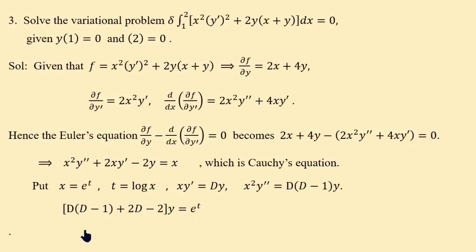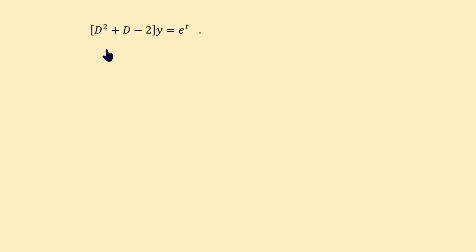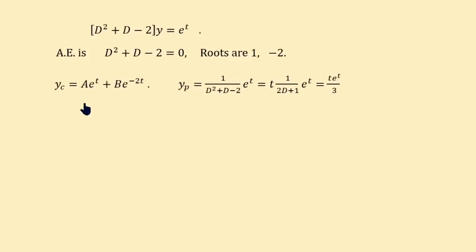Now this is a function of y and t with constant coefficients. Auxiliary equation is D square plus D minus 2 equal to 0. Find the roots of the auxiliary equation. Roots are 1 and minus 2. Therefore, y complementary is c1 e power t plus c2 e power minus 2t, or you can write yc is a e power t plus b e power minus 2t.